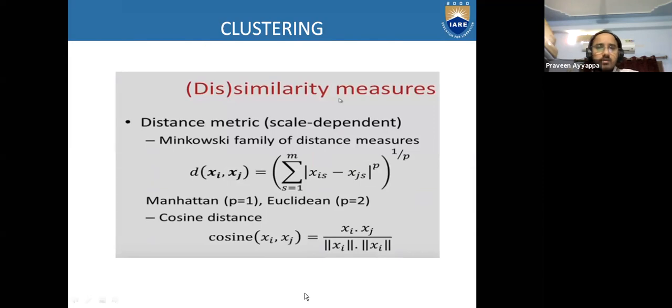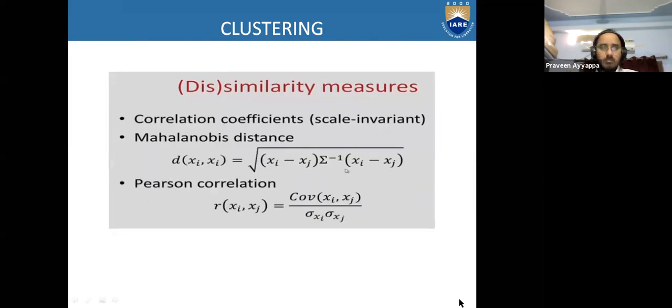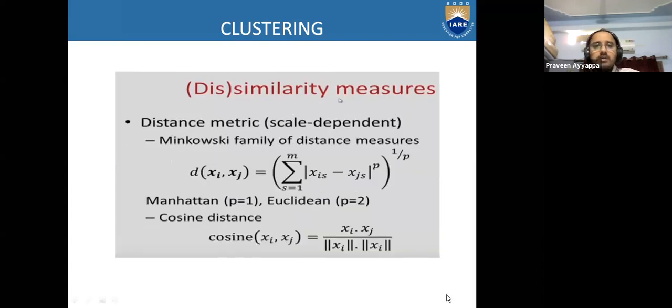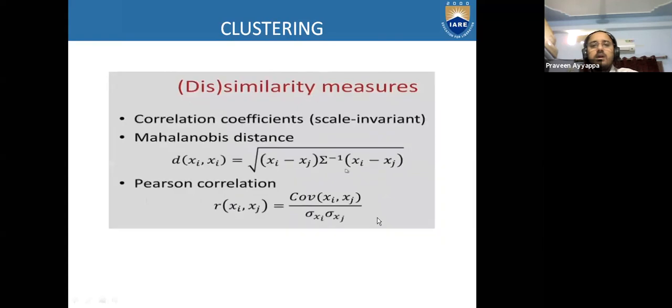Okay, so this is about the similarity measure and the correlation coefficient. The earlier one is scale dependent, and this is scale invariant. Here, the Mahalanobis distance we calculate as d of xi comma xj equals the square root of xi minus xj, sigma to the power of minus 1, xi minus xj.